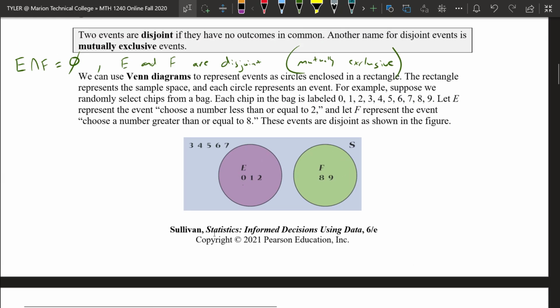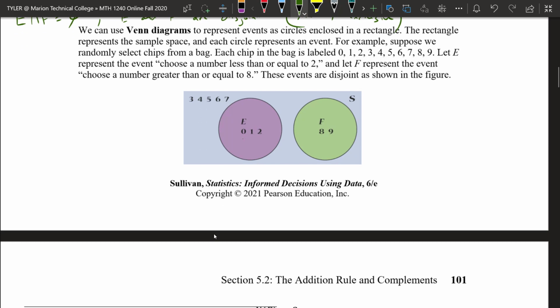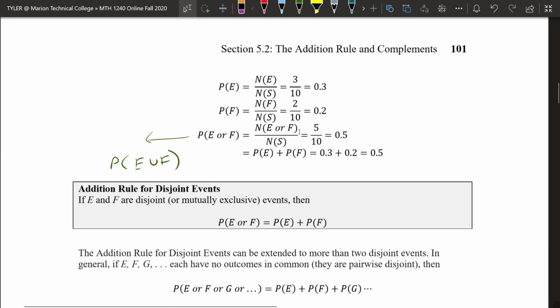There are 3 things in E and 2 things in F, so there would be 5 things in E union F, because E union F would equal the numbers 0, 1, 2, 8, and 9. We're just joining those two events together. So we get 5 out of 10, which is equal to 0.5. Notice that this is also the same thing as taking the probability of E plus the probability of F, which would be 0.3 plus 0.2, which also equals 0.5.